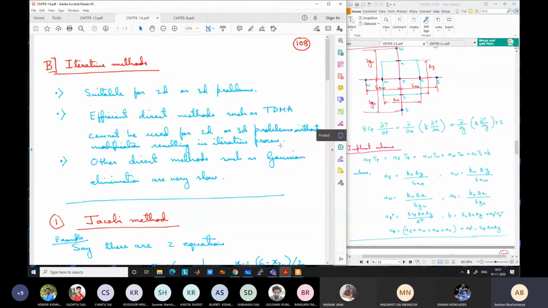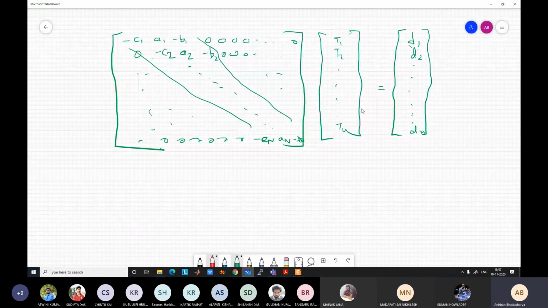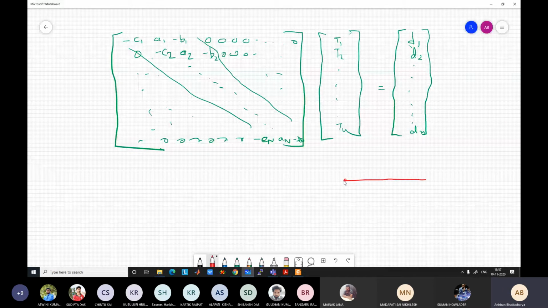for 2D and 3D. What will be the number of equations? Say I have a 1D domain and I divide it into 10 control volumes and 10 grid points.